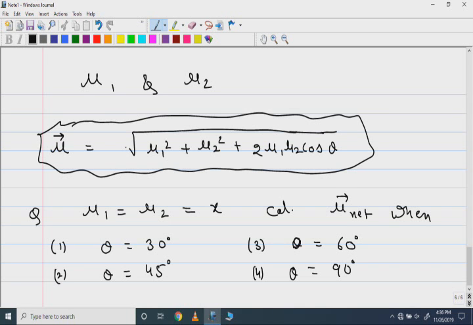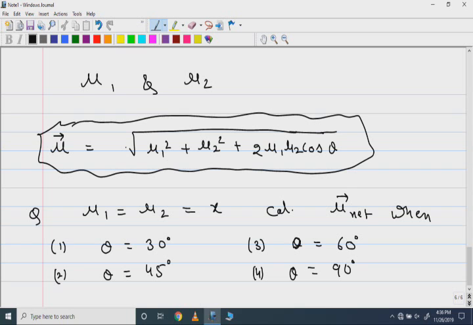Itanagar, are you having any doubt? This is the formula of the resulting dipole moment. Please attempt this, get your values and let me know.